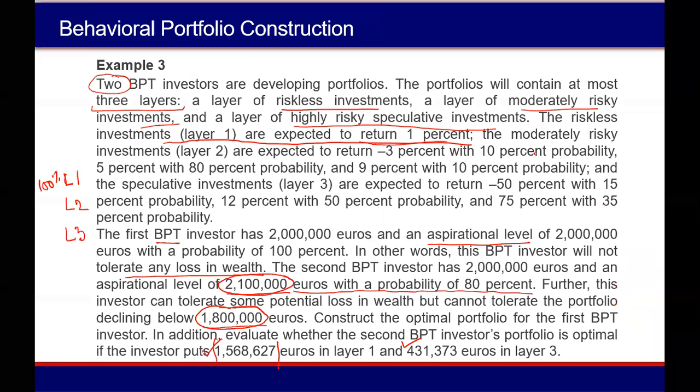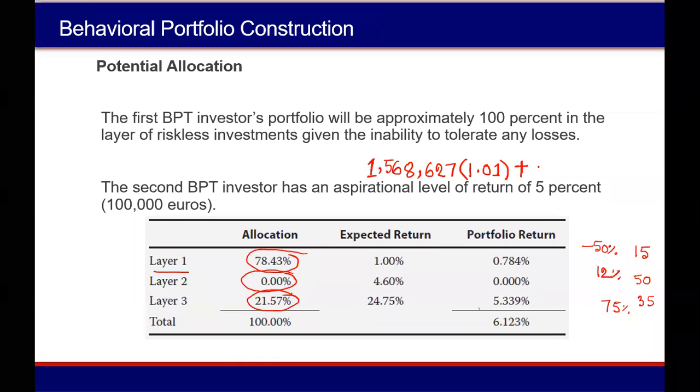And how much did he invest in layer 3? That is 431,373. But there is a probability for different returns.